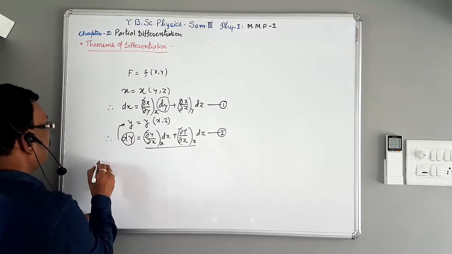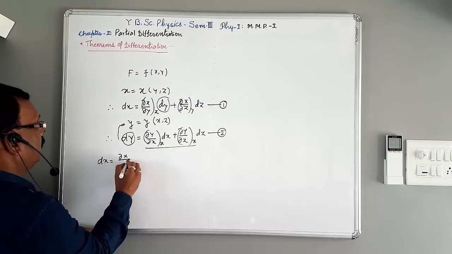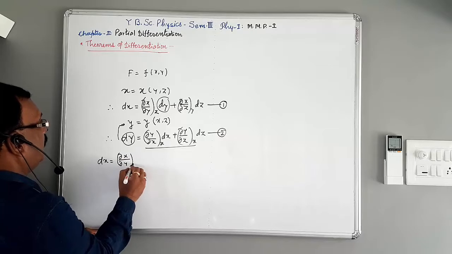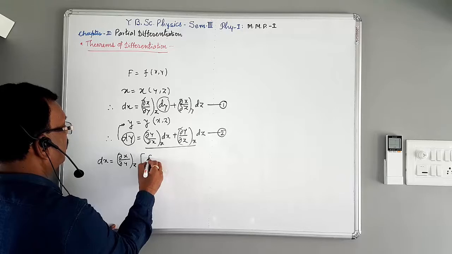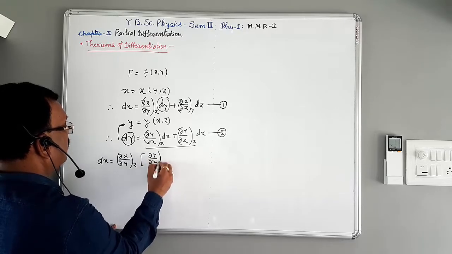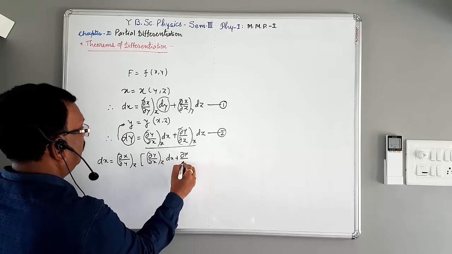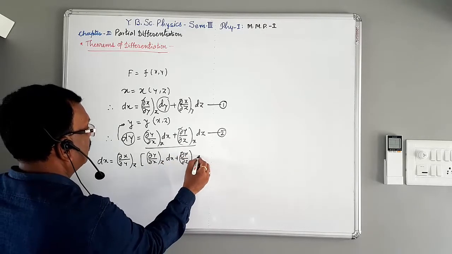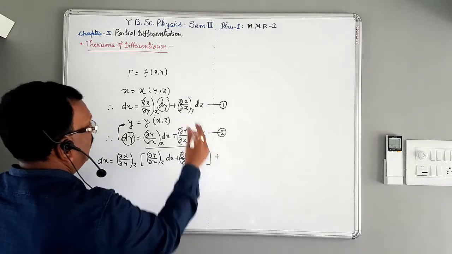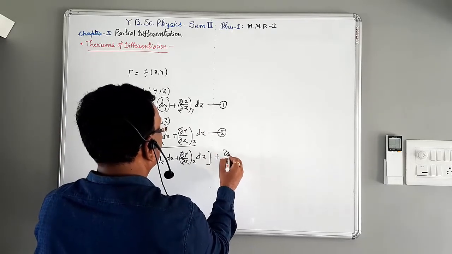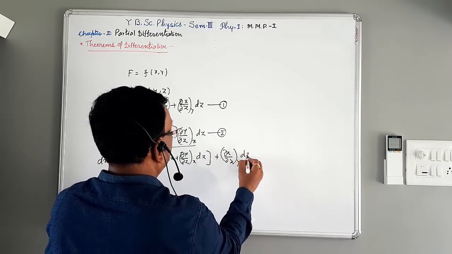Therefore, we have dx is equal to delta x by delta y at constant z, and we substitute the value of dy in square brackets: delta y by delta x at constant z dx plus delta y by delta z at constant x dz, plus the remaining term as it is, delta x by delta z at constant y dz.